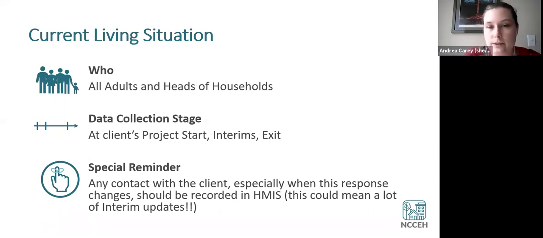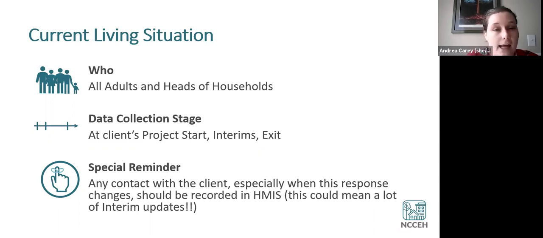Since this really focuses on street outreach, that may be just a lot of single households, but if you do have multiple adults in a household, we need to be collecting where both of those adults, however many adults there are in that household, are staying at that time of interaction.